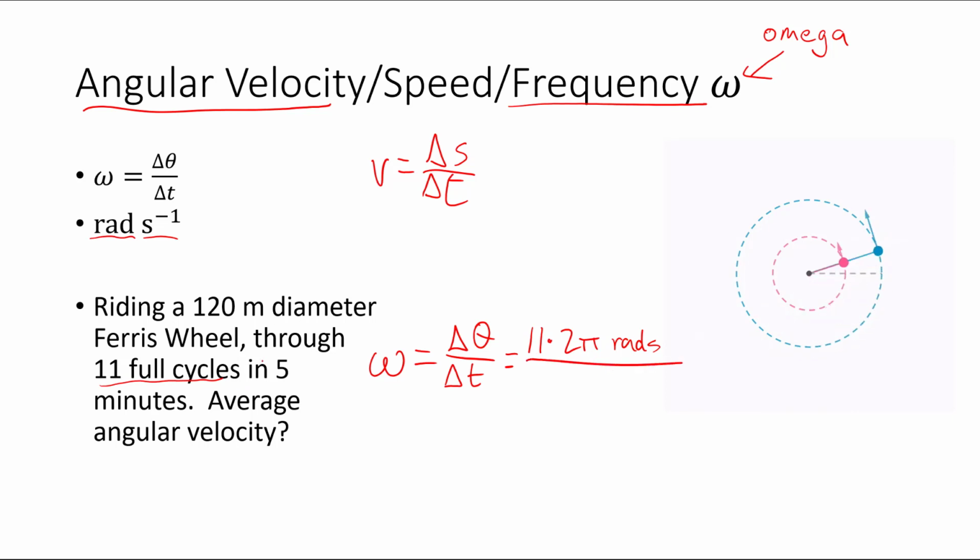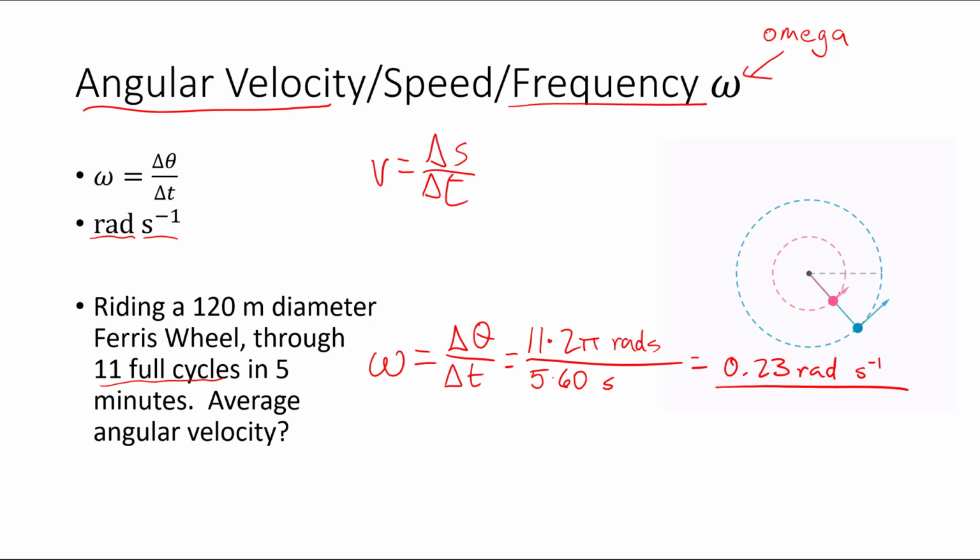The time was 5 minutes, so to convert to seconds, we multiply by 60: 5 times 60 seconds. Multiply those together, we get 11 times 2 pi divided by 5 times 60, which is 0.23 radians per second.